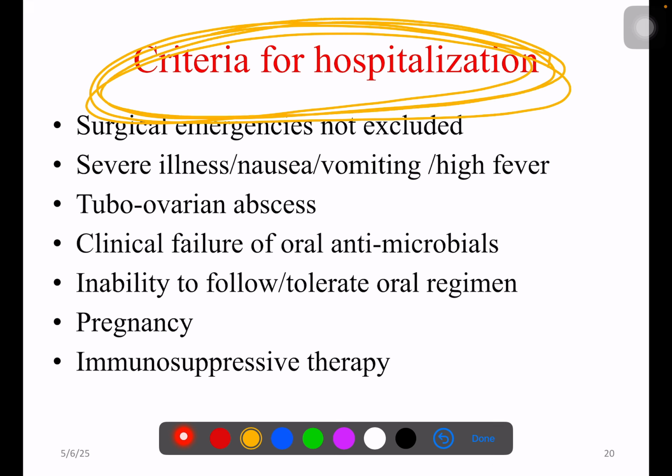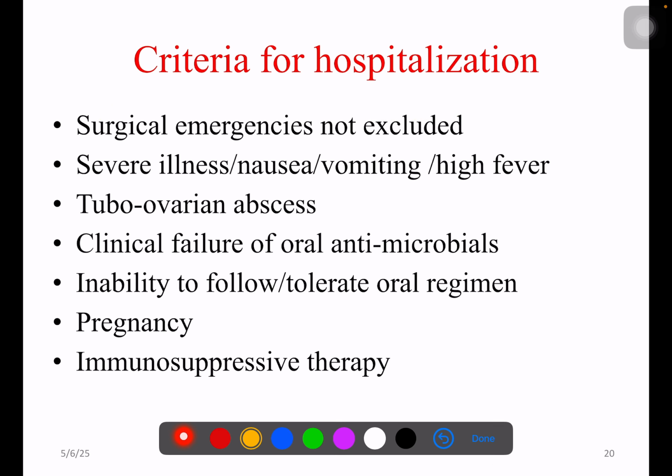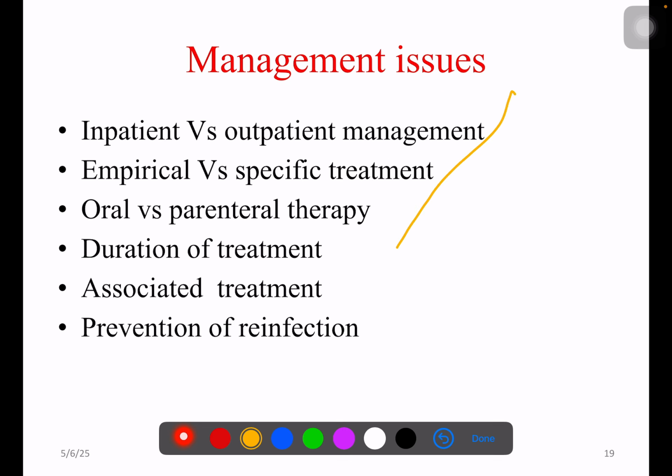I want you to understand this very important topic: criteria for hospitalization. In what cases will we go for hospitalization? It's very easy. If you want to hospitalize the patient, what are you going to look for in the case of PID? Number one, if you're not able to rule out any other surgical illness like appendicitis.